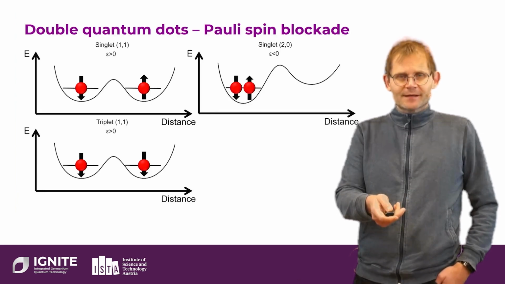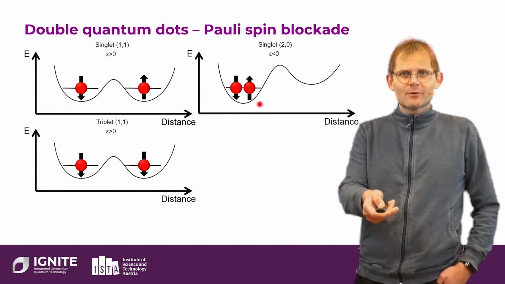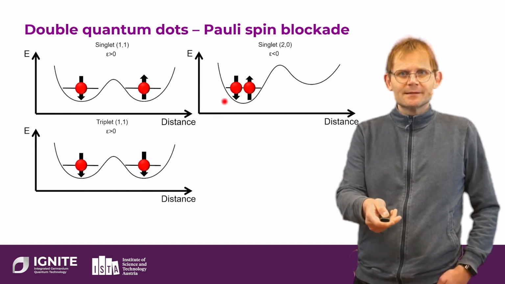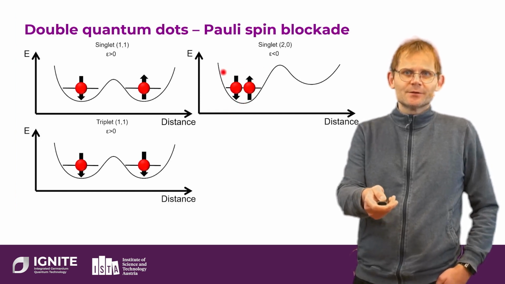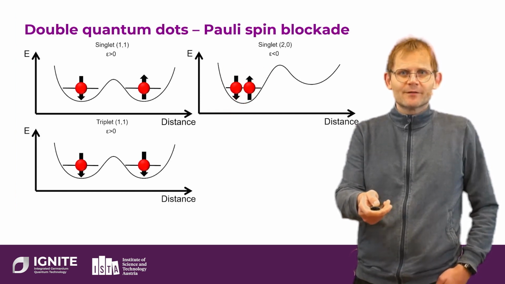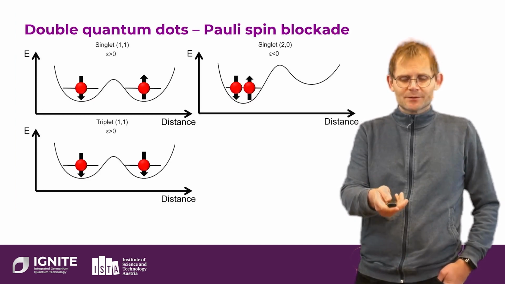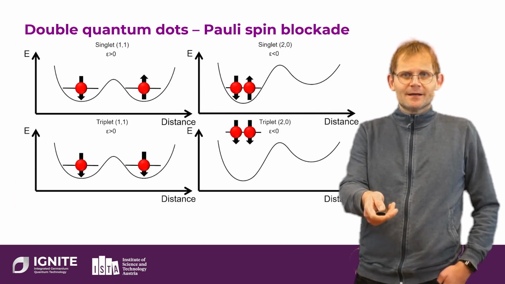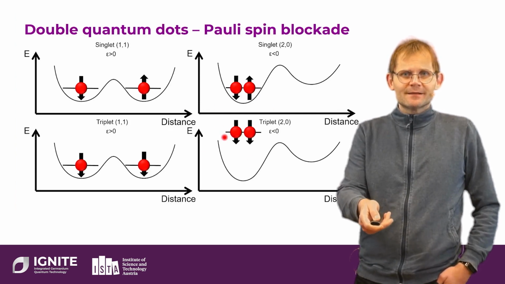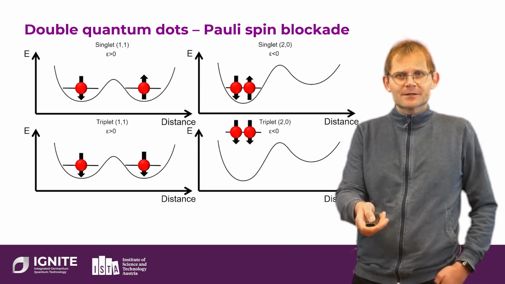Of course, we can have also the case that now you have both carriers, both holes, located in the same quantum dot, and now we can have the singlet (2,0). So two holes in the left dot with opposite spin. And in principle, one would think that we can have also the situation in which now we have both carriers in the left dot, but with the spin pointing in the same direction.